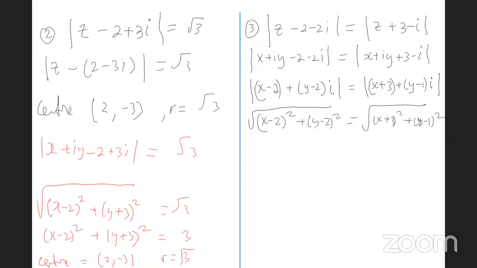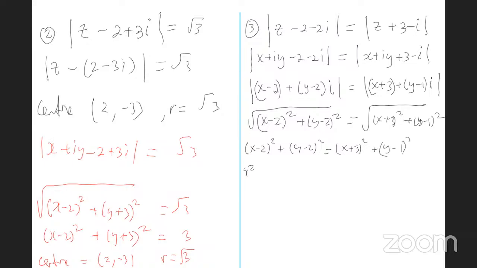Right, when you square both sides, you'll end up with x minus 2 squared plus y minus 2 squared. Here you will get x plus 3 squared plus y minus 1 squared. Right, you're going to have to expand it because things will cancel off, right?